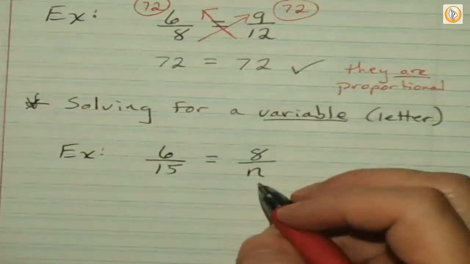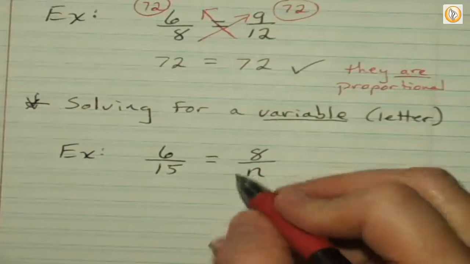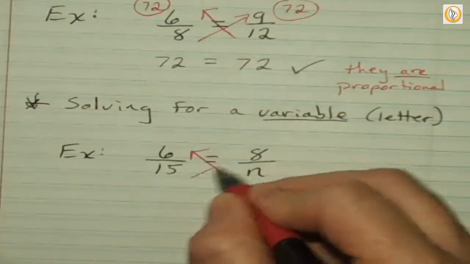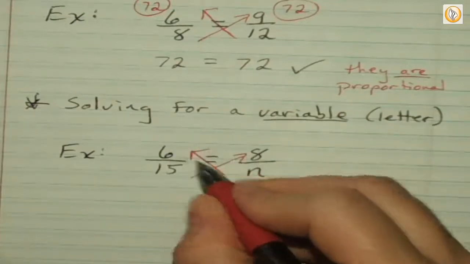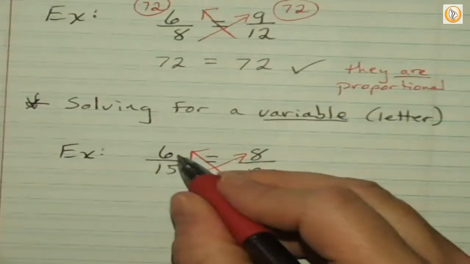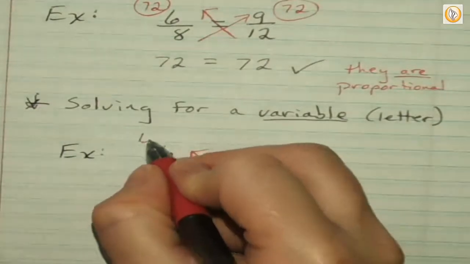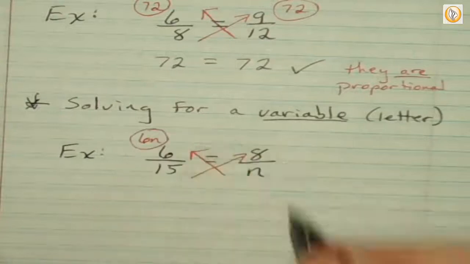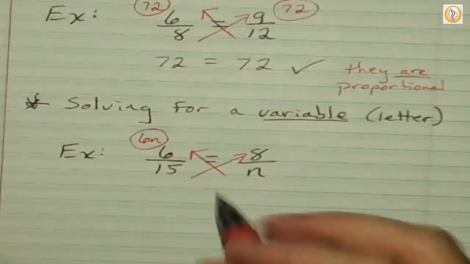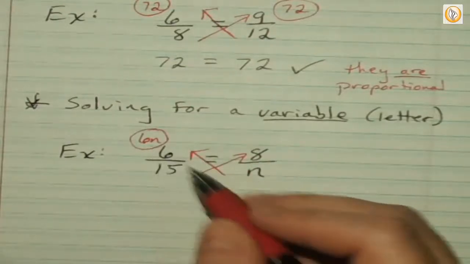Okay, watch how I do this. We're going to cross multiply again. What is n times 6, everyone? 6n. 6n on that side. N times 6 is 6n.